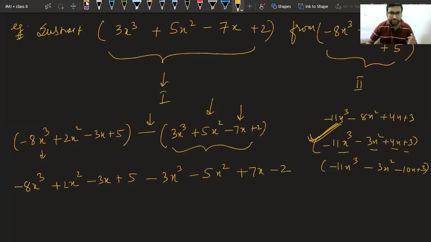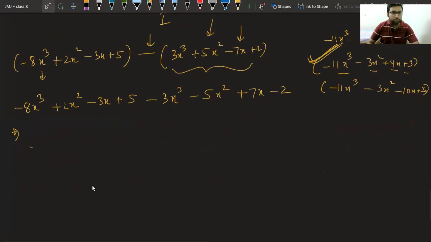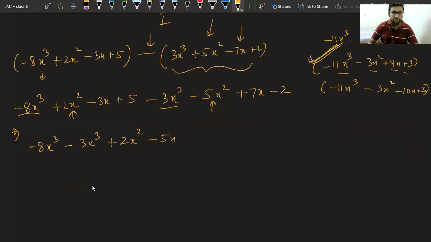Okay, now see class, now we will write the like terms together. We will have minus 8x cube minus 3x cube, first two like terms. Second like terms are 2x square and this one, so plus 2x square minus 5x square. Third like terms are 3x and 7x, so minus 3x plus 7x.